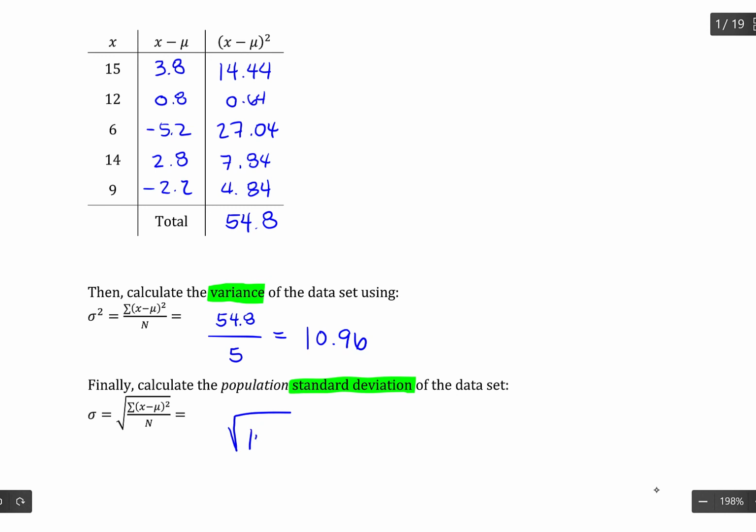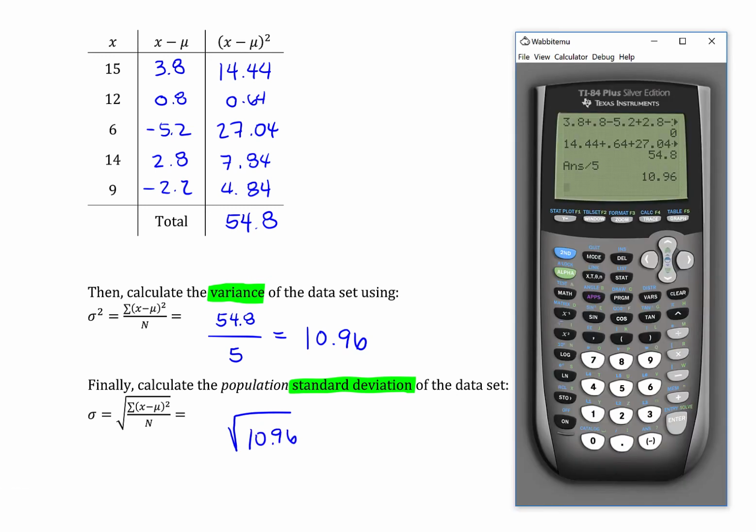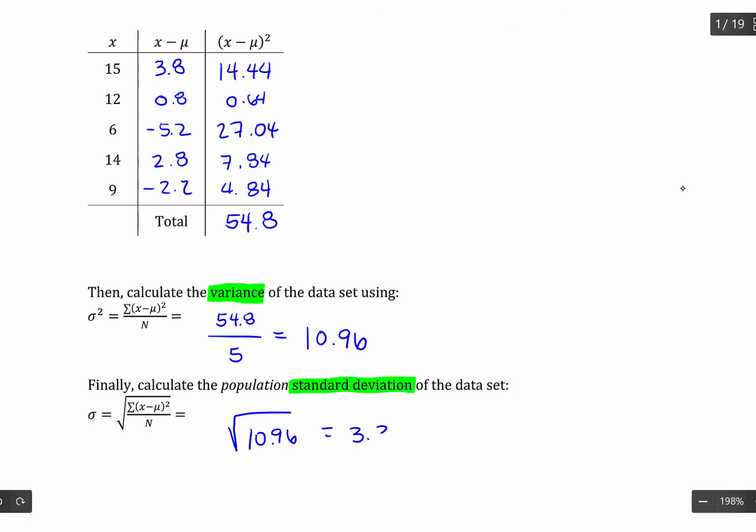So the square root of 10.96, that in our calculator is 3.31. And I'm just going to take to 2 decimal places, but follow any rounding instructions given in the problem.